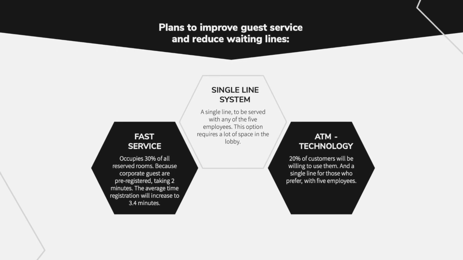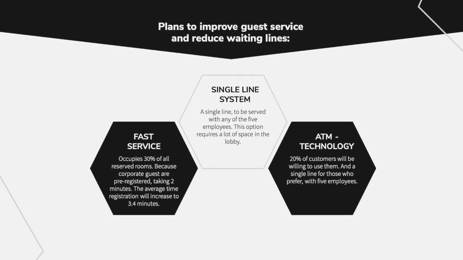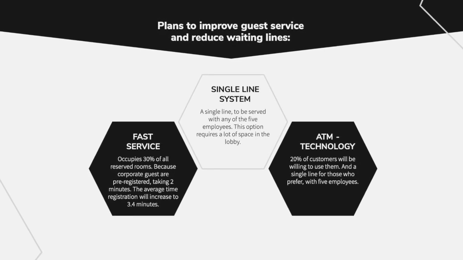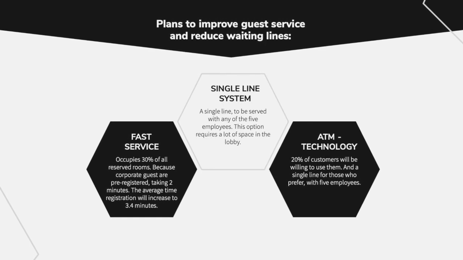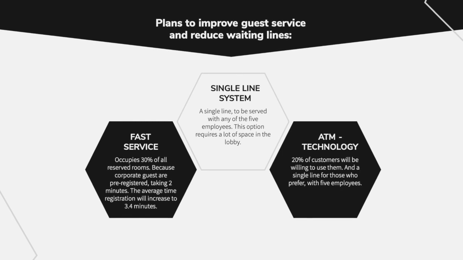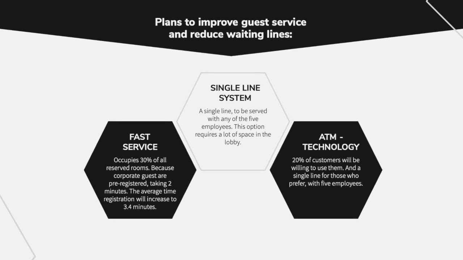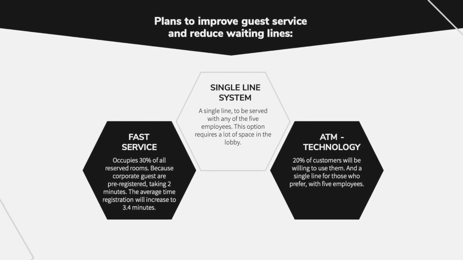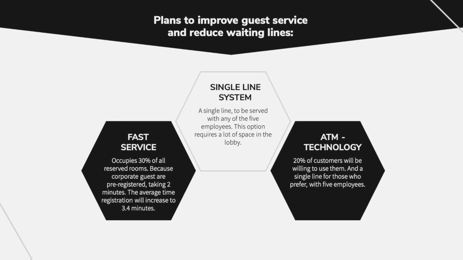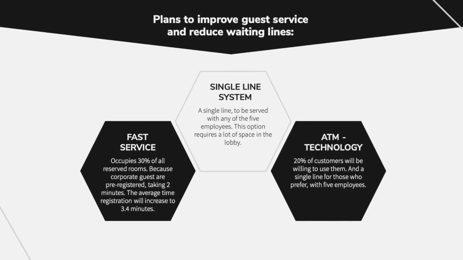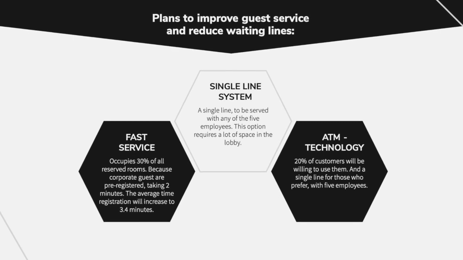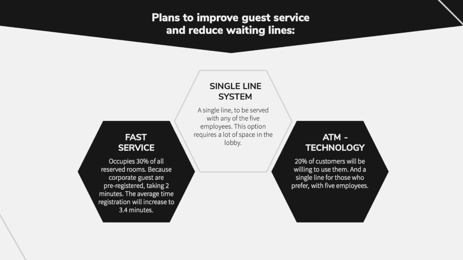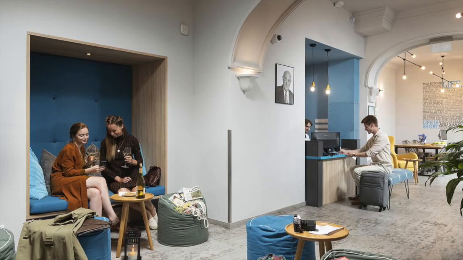The second alternative is a single line system: a single line served by any of the 5 employees that we have. This option requires a lot of space in the lobby. And last, ATM technology. Here 20% of the customers will be willing to use them, with a single line for those who prefer employees, and we will have 5 employees serving.